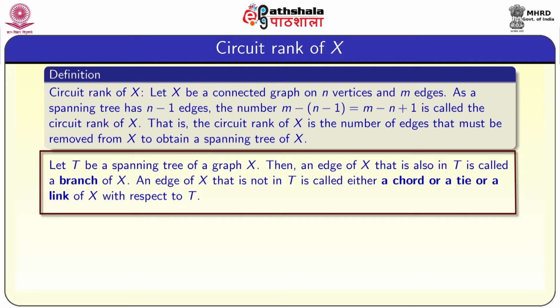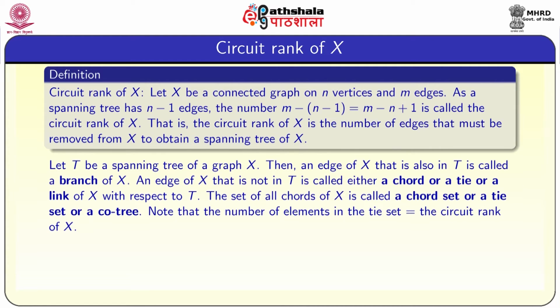It is clear that whether an edge is a branch or a link depends upon the given spanning tree. The set of all chords of X is called the chord set, tie set or cotree.